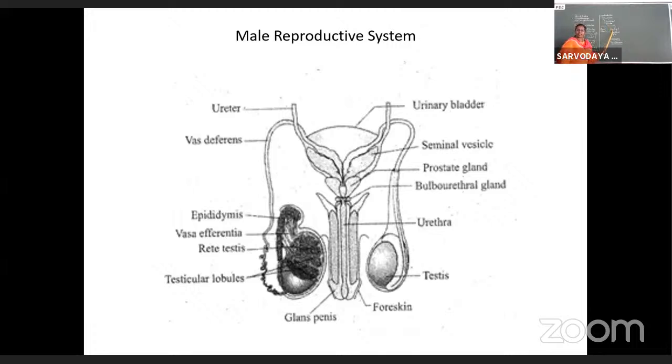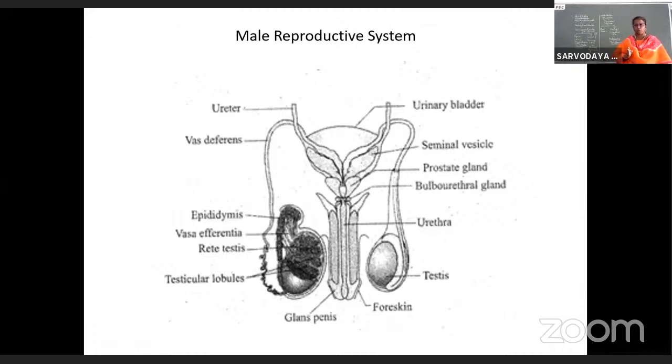They're going to secrete androgens, the important male hormone. What is the male hormone named? Testosterone. There is only one hormone produced in the male body, testosterone. So testosterone is the male hormone, which you call the androgen. So this is going to be the cell present outside the seminiferous tubule.